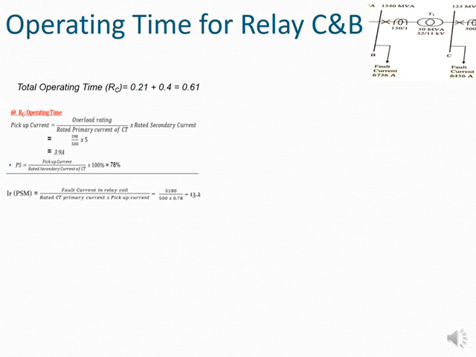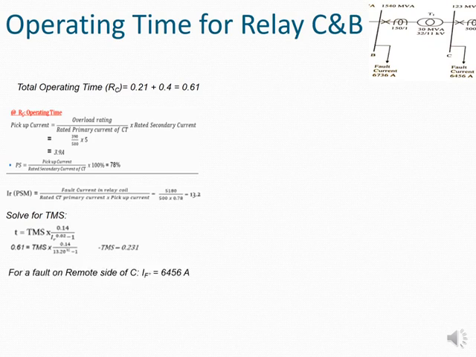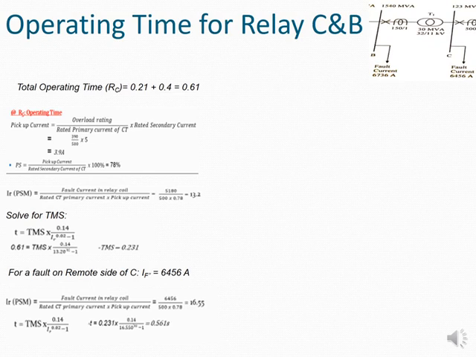I add the 0.4 for grading because I wasn't given one, and I get the 0.61, which I then utilize to solve for my TMS. Once I've got the TMS, I can then look at my remote side of relay C, and my fault current there is the 6456. I find my IR, and I utilize that IR with the TMS that's calculated in order for me to find my operating time for my relay on my remote side.